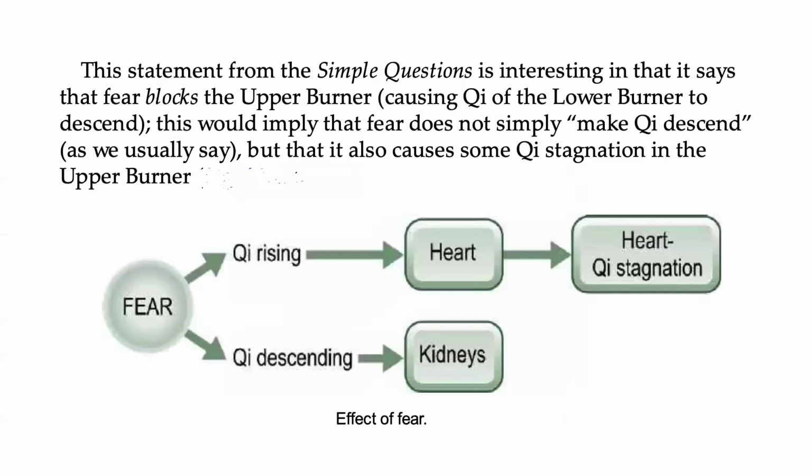This would imply that fear does not simply make the qi descend, as we usually say, but that it also causes some qi stagnation in the upper burner. So here is a schematic diagram of the effect of fear. Fear can cause both qi rising and qi descending. Qi rising will bring about heart qi stagnation, and qi descending will affect the kidneys.